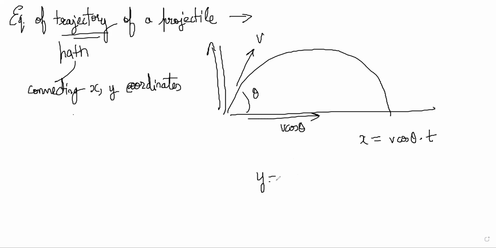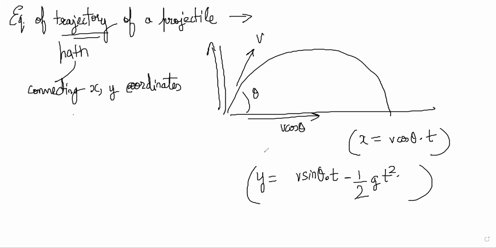We will say y is equal to ut plus half at square. So v sine theta into t, and a is minus g, so minus half gt square. So this is your y motion, this is your x motion, and now I want to connect the y and x variables with each other. So how do I do that? I do that by eliminating the t variable.